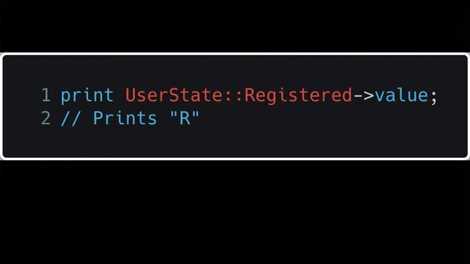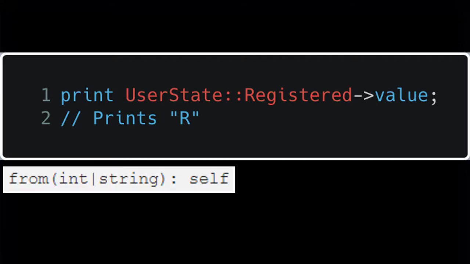Backed enums implement an internal BackedEnum interface, which exposes two additional methods. from(int|string): self will take a scalar and return the corresponding enum case. If one is not found, it will throw a ValueError.